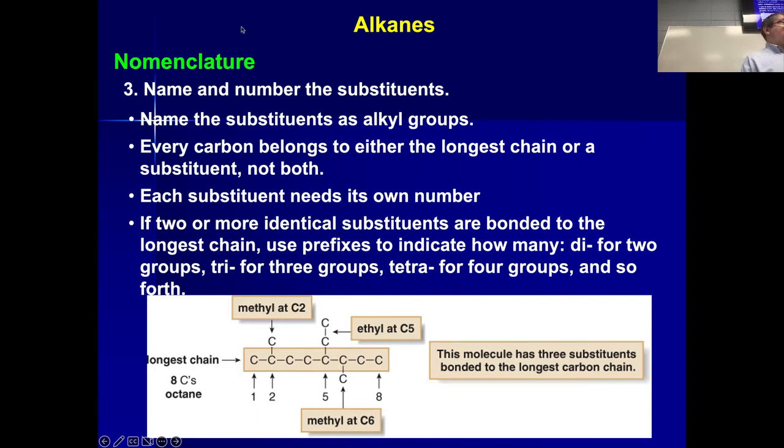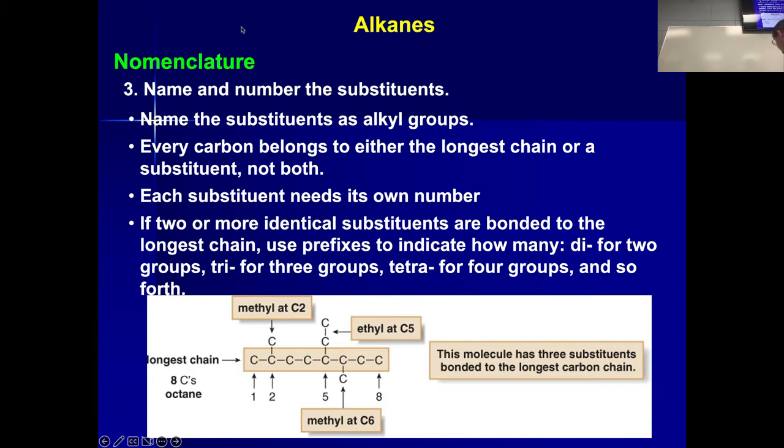It can't belong to both. That's why circling matters. Once I circle it, everything inside that circle is the parent. Everything outside is not the parent. Okay? Each substituent is going to need its own number. And if we have 2 or more identical substituents bonded to the longest chain, we're going to use some prefixes as well.